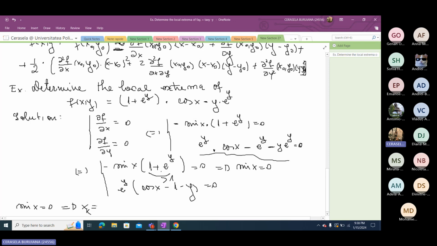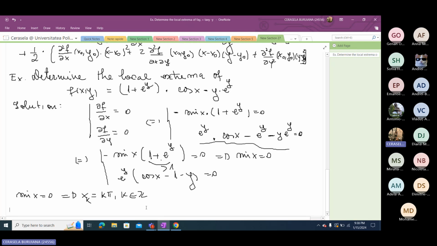Isn't it of the form k times pi with k integer? What do you think? Do you agree? Yes. So x is of the form k times pi. So till now, an infinity of values, isn't it? Okay, I haven't finished with the stationary points because I need to get y.